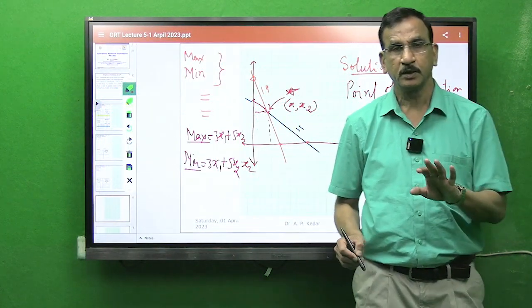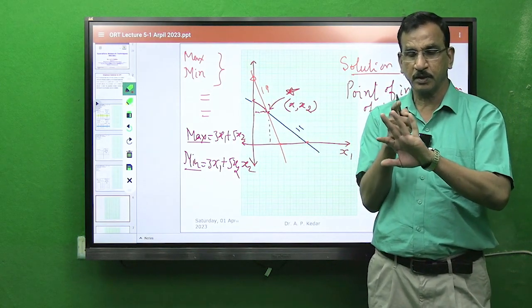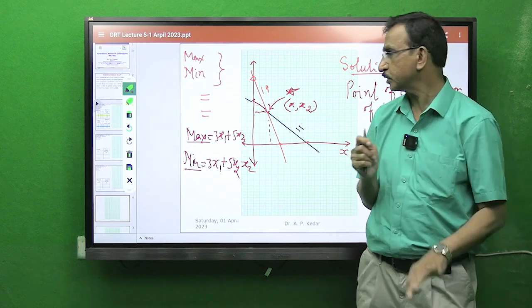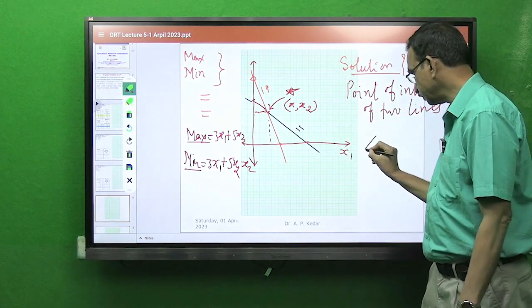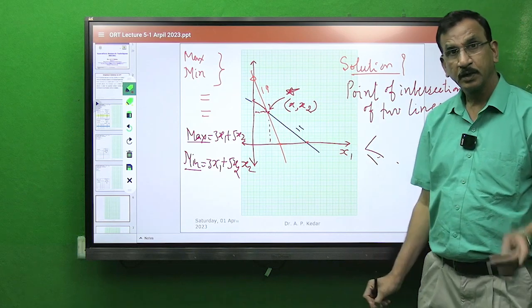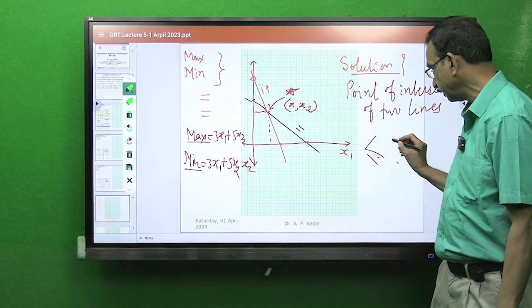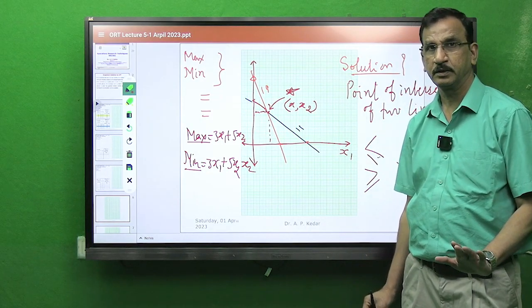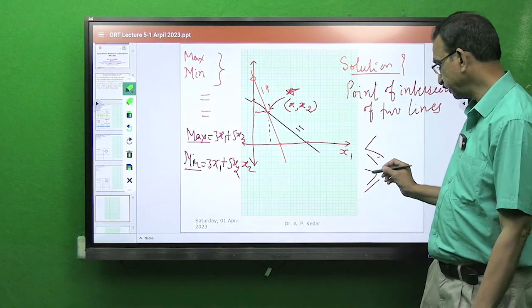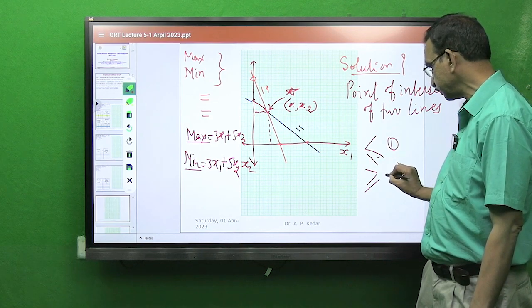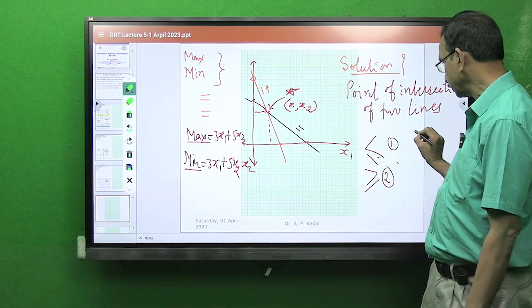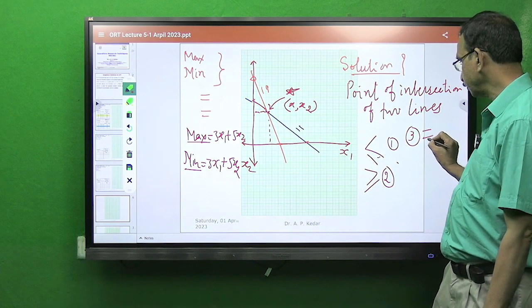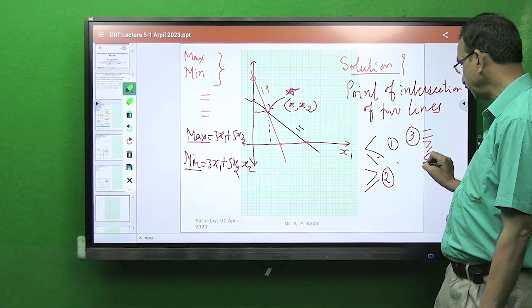Now we have seen the cases wherein all constraints were less than equal to type. First case, if you recall, all constraints were less than equal to type. In the second example, I covered all constraints greater than equal to sign. In the third case, we had equal to, greater than equal to and less than equal to.